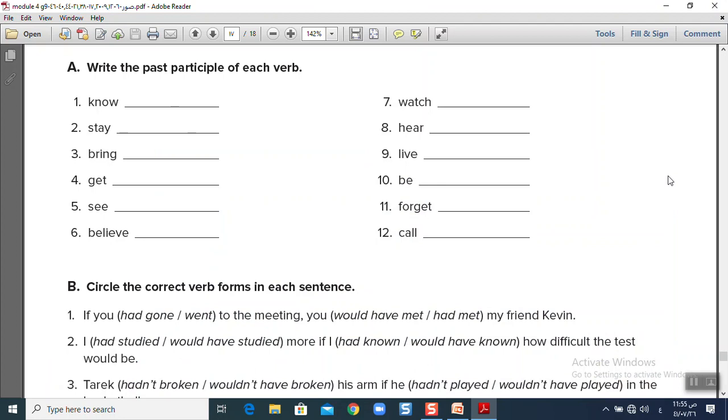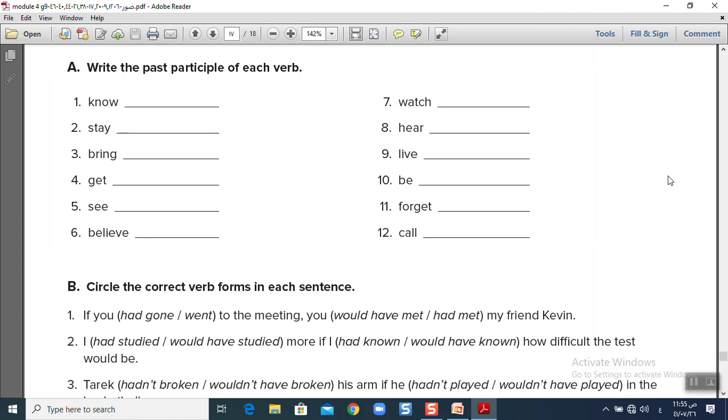Known. What's the past participle of stay? Stayed. Stayed is a regular past participle with ed. Bring. Brought. This is the past participle of bring. Get.